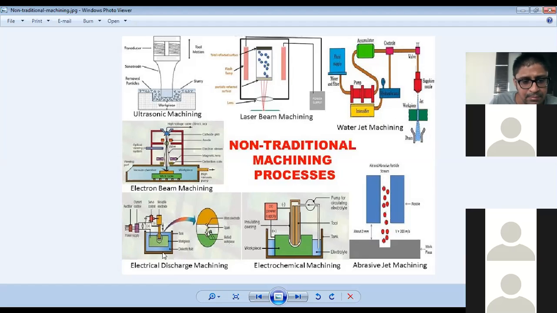Here in EDM, you have seen the EDM in the workshop, right? The disadvantage is what? The workpiece must be conductive. If your workpiece is non-conductive, then you cannot go with EDM. So this bottleneck of EDM can be avoided by using ultrasonic machining. So ultrasonic machining gives a wide range of materials to be cut.